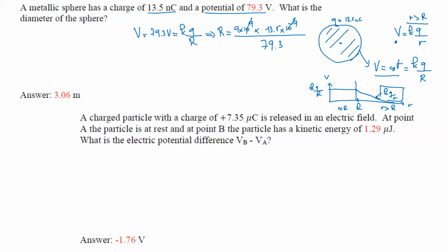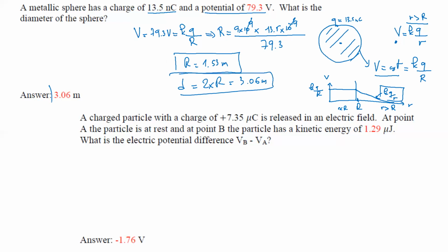If you do the calculation, you find a radius of 1.53 meters. That means the diameter is 2 times the radius, so 3.06 meters. I hope it's clear. Good.